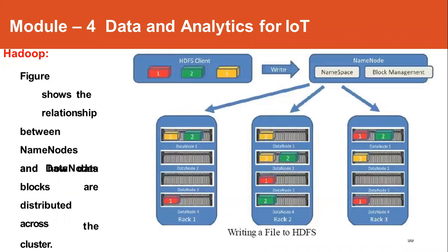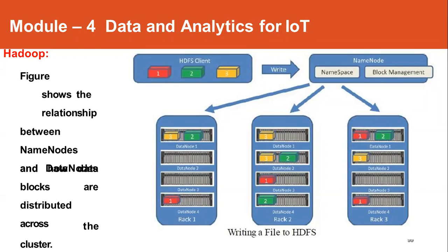So this diagram establishes the relationship between the name node and data nodes and how data blocks are distributed across the cluster. So whenever a client writes the data, it is first received by the name node.